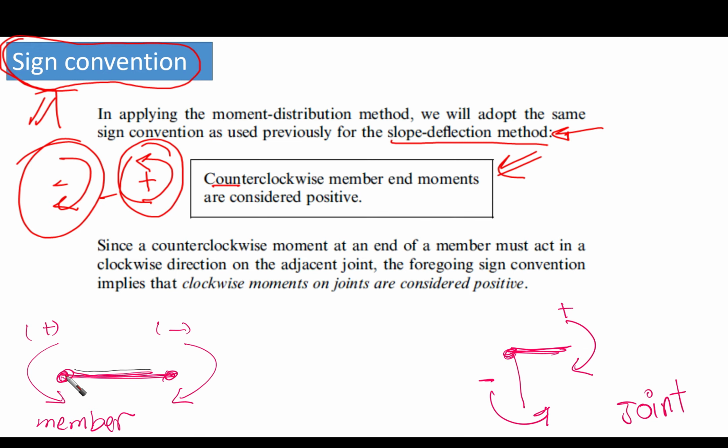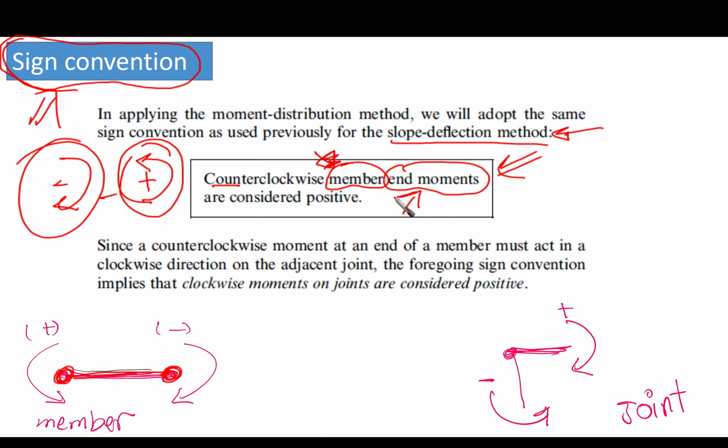So whenever you have a span, if we have a span like this, the end moments, take care, we are always talking about the end moments. End moments of what? Member. Because you are going to find a lot of moments, for example moments and joints.